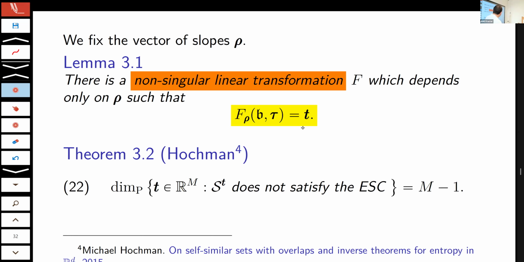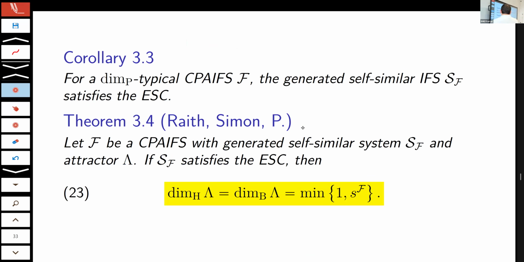And we can work with the linear functions, which is what we want to do, because Hochman proved that the packing dimension of the exceptional parameters of the generated self-similar IFS must be strictly less than m. We know that dimension, which means we also know that if the ESC is assumed, we have less than full packing dimension in the original parameter space.